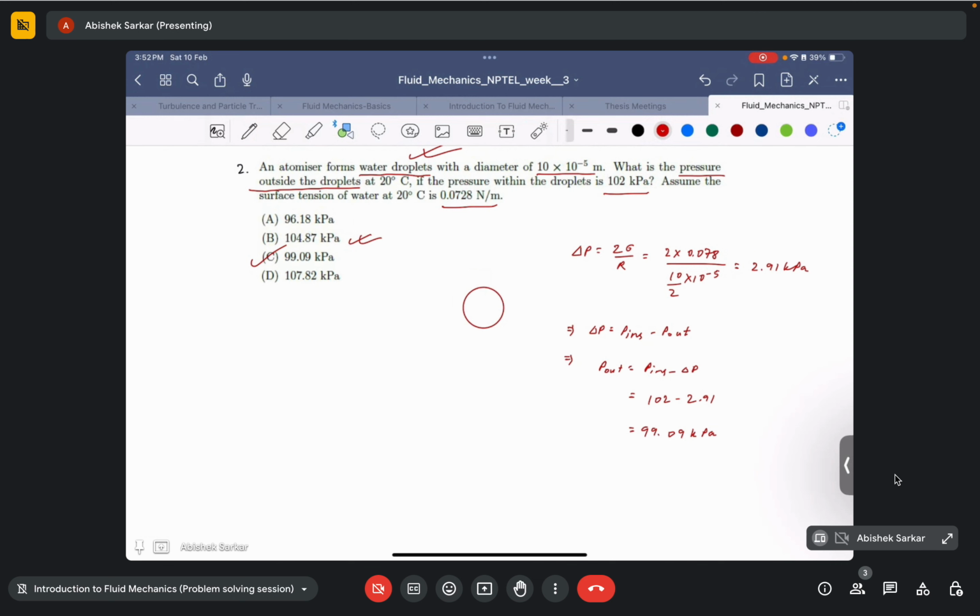When you pop a soap bubble, it just pops out. If the pressure outside is greater than P inside, what would happen to this bubble? It would collapse, right? Because the outside pressure is greater than the inside pressure.